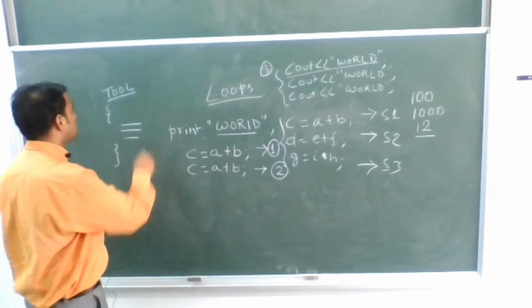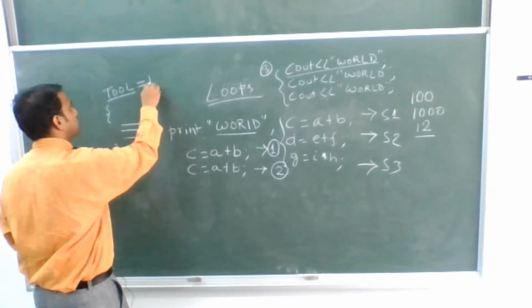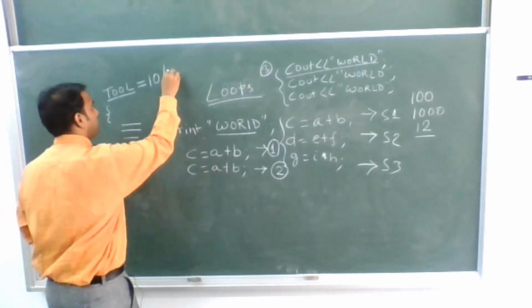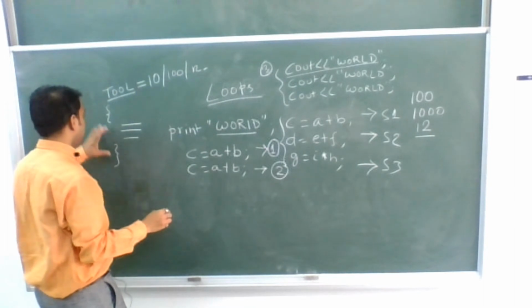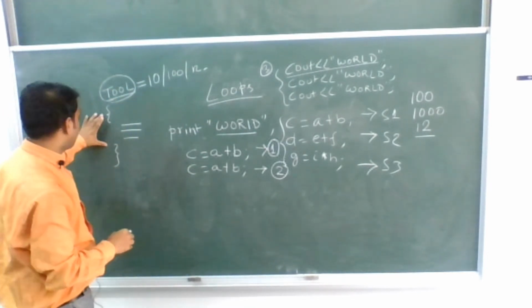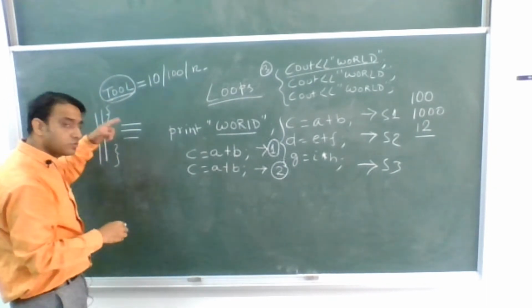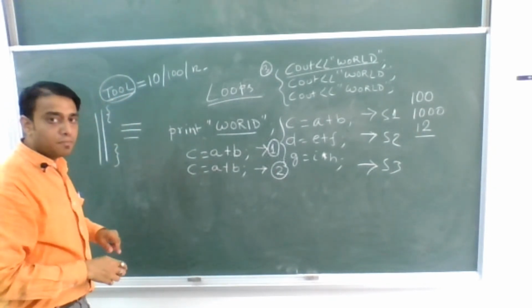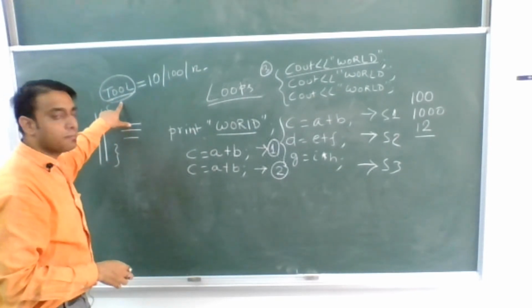If this tool is instructed to execute for 10 or 100 or n number of times, then on executing this tool n times, my block of statements will also execute n times, right? My tool will execute n times.